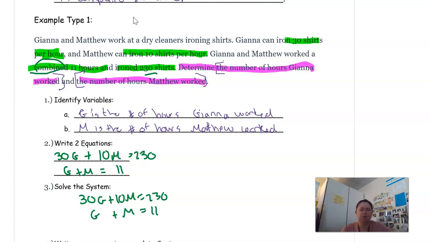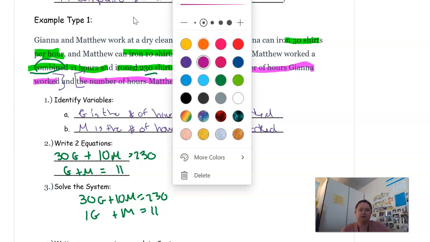Now the thing that I have to do before I can solve this, first of all, I'm going to think of this like 1g and 1m. That might help me. As it stands, if I added these together, nothing would cancel. So I need to multiply the second equation by a number that's going to make something cancel in the equations.